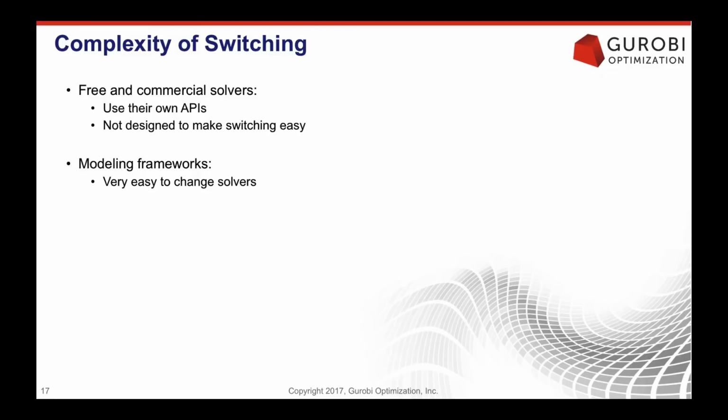And the last point on the list is complexity of switching. Once you started your optimization project, in the beginning everything was running fine, you were, for example, just optimizing planning problems for a week or so. But after a while, as this is working so great, someone comes up with the idea, oh, let's not just plan for the week, let's plan for the whole month, or let's plan for the whole year.